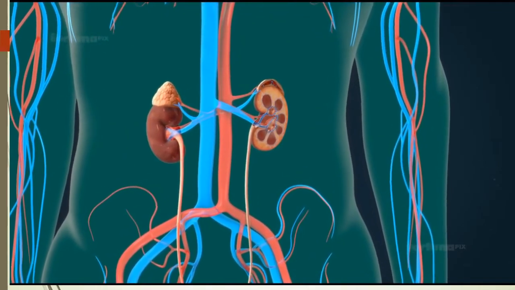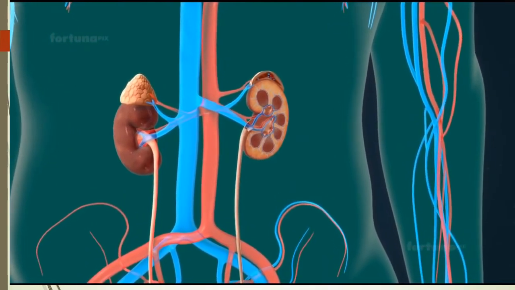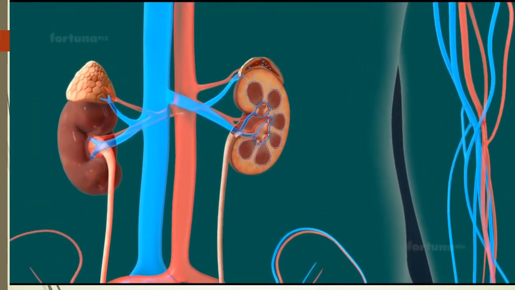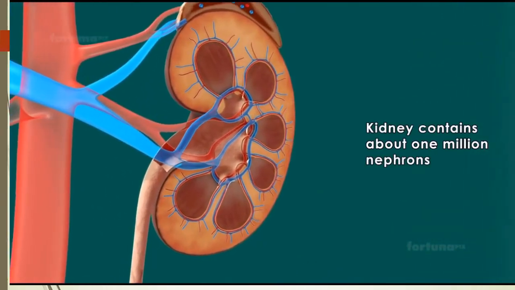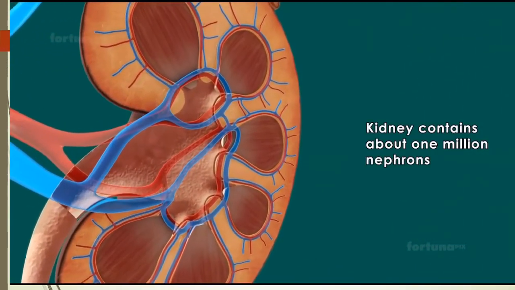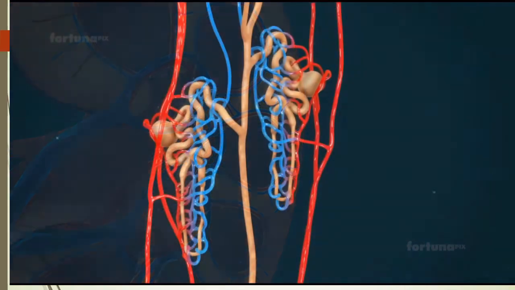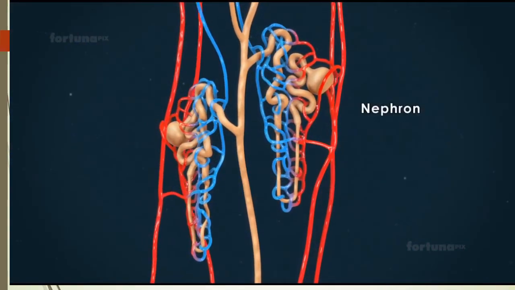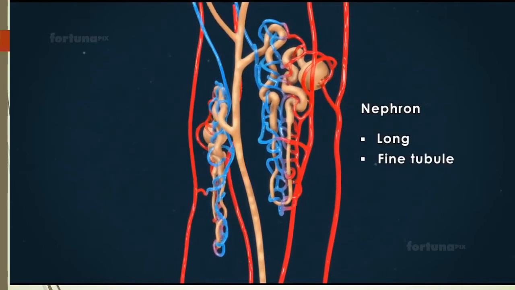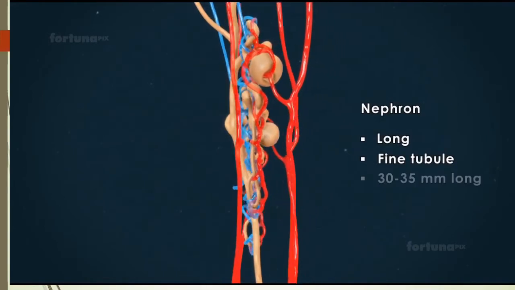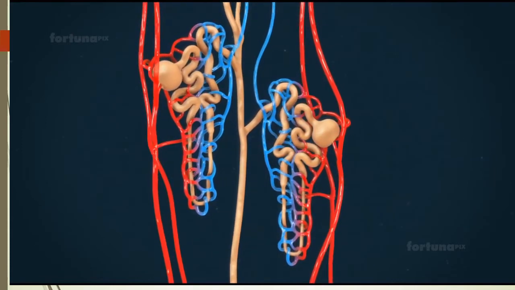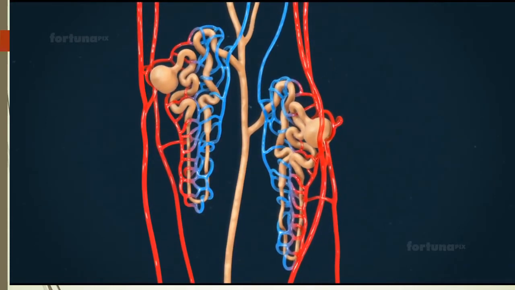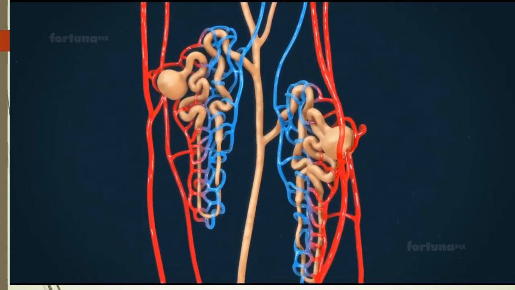We can see now the structure of the human kidney, where we are focusing on the calyx and the renal pelvis part. Here it contains millions of nephrons, these kinds of structures. It's a long tubular structure, about 30 to 35 millimeters long.